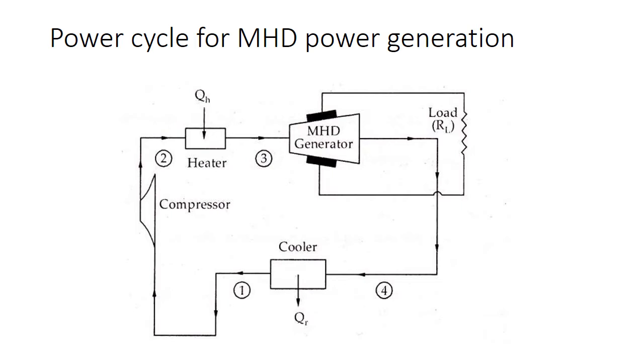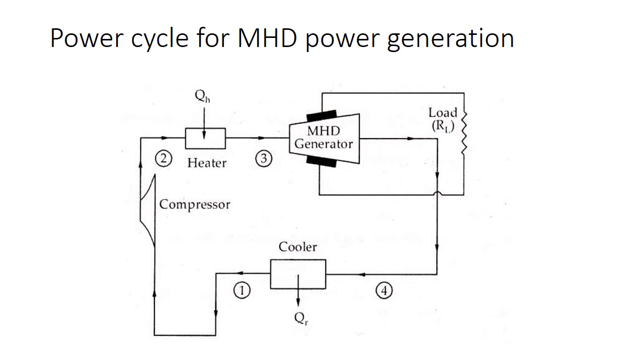And from this MHD generator, the exhaust gases are preheated using a cooler, like an air preheater, which we can explain in detail in other slides. Actually, these gases are expelled and cooled, and again compressed and heated, going to the MHD generator. The cycle continues.